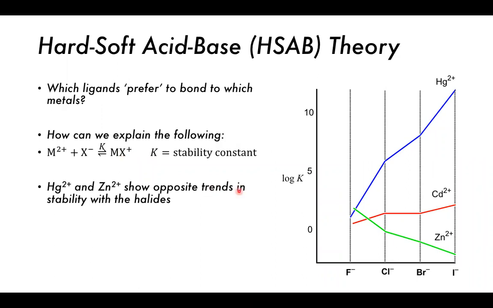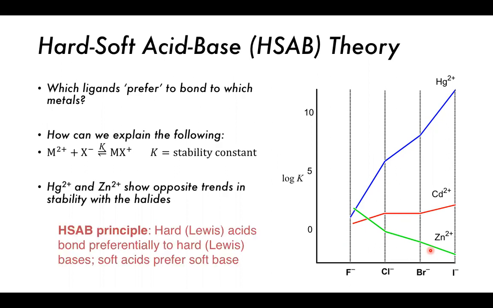For mercury 2+, the stability of the complexes increases as the ion hardness reduces. Soft ions like iodide typically form the most stable complexes with mercury 2+, whereas the opposite is true with zinc 2+, which can generally be well described by the hard, soft, acid-base theory.